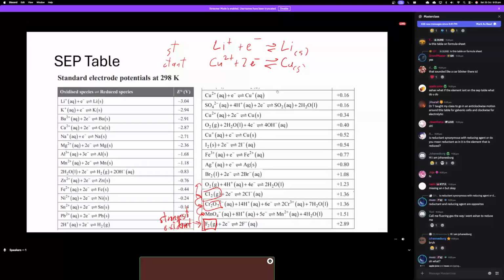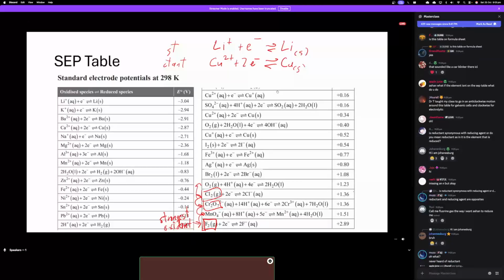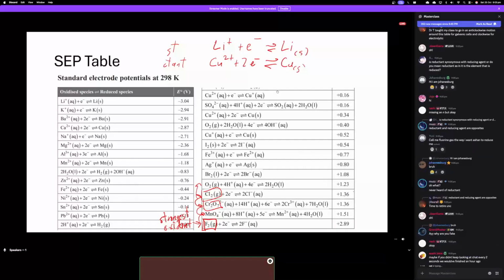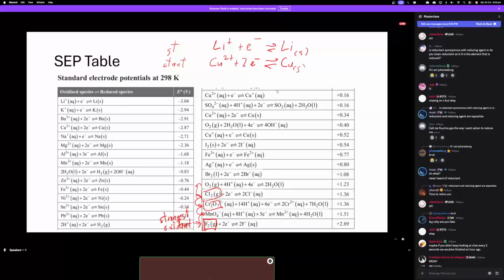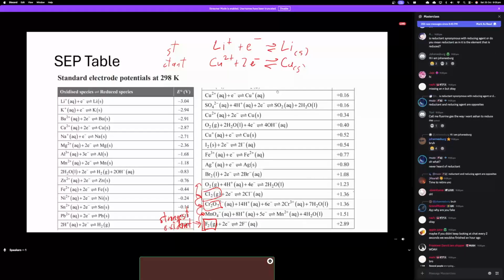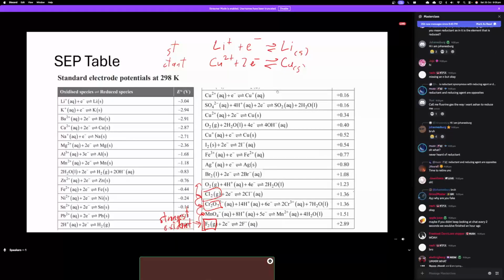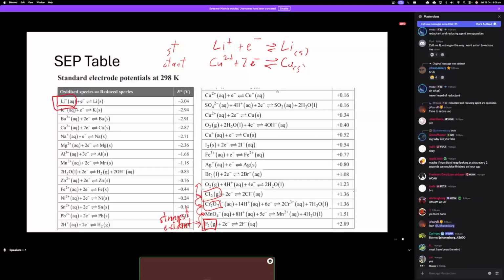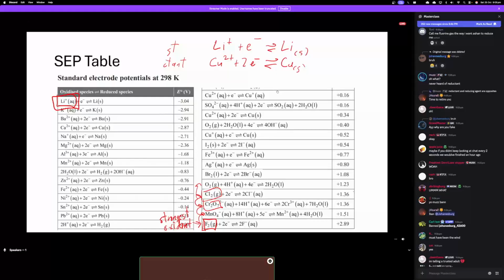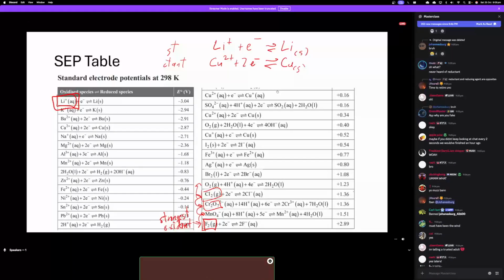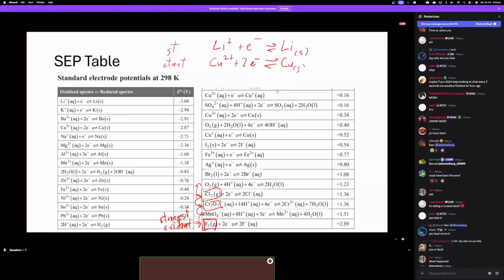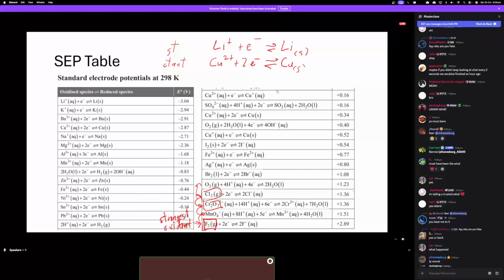A reducing agent wants to undergo oxidation, and an oxidant wants to undergo reduction. If I look at this, Li+ ions cannot undergo oxidation. They have no electrons to lose. They're already an ion. The only thing they can do is gain. That's another thing to know.